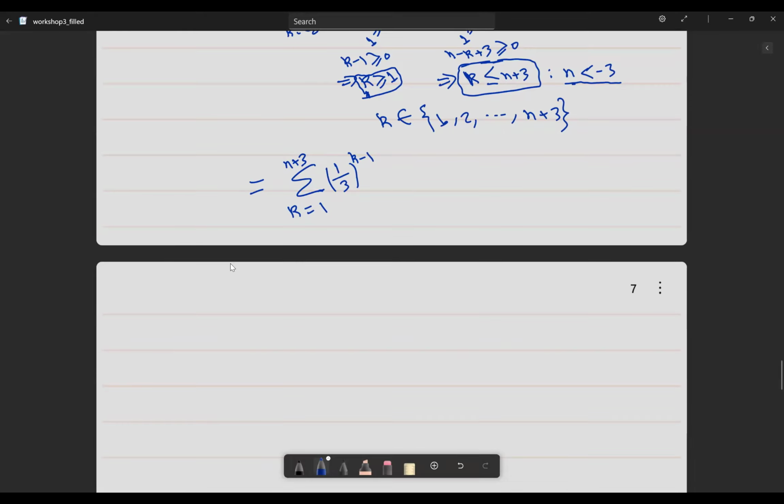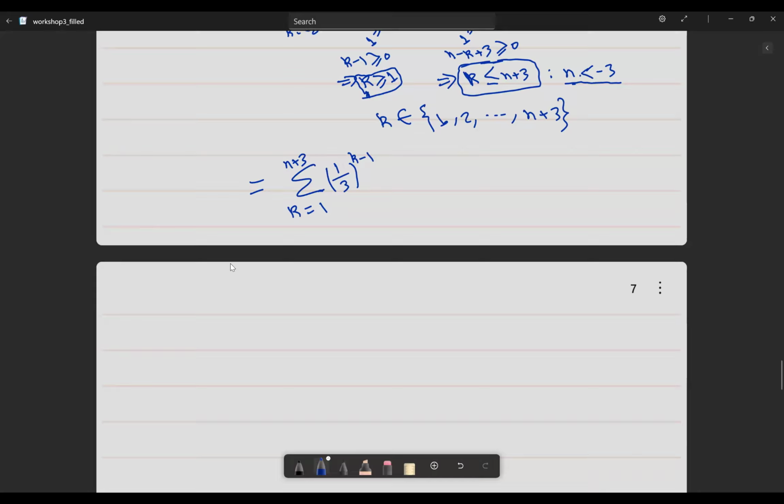Yeah, and the summation is from 1 to n plus 3 to satisfy both of those constraints or limits: k larger than or equal to 1, less than or equal to n plus 3. And n is less than minus 3.